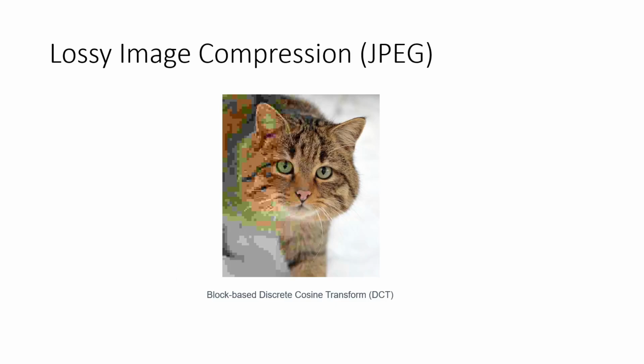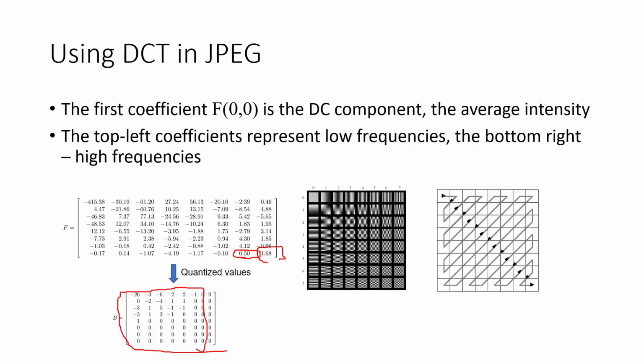And this is the result. The image is copied from Wikipedia. For this region, it used a very high quality value, so the compression rate is relatively small. And for this region, it used a relatively high compression rate, so it quantizes the F matrix very significantly.